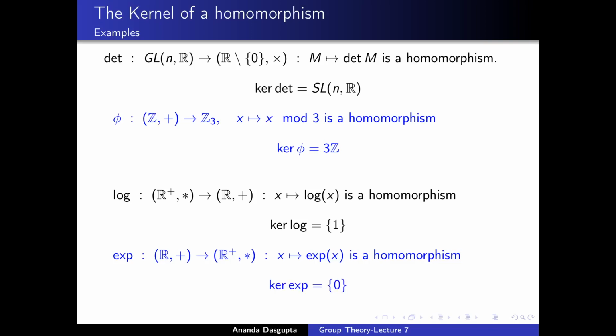So in the last two examples, you have a singleton element as the kernel, a set with one element only, and in these two examples, obviously the single element that is there in the subgroup is the identity of the domain group.